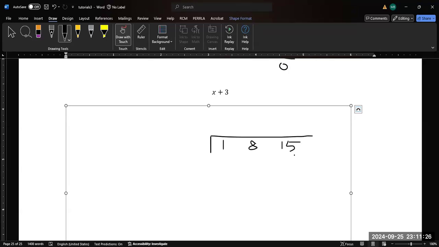Again, in order, and if we have any gaps, we have to fill in the zeros. And then the number that actually goes outside here is of the form c if this was a factor x minus c. So in this case, this is x minus a minus 3.